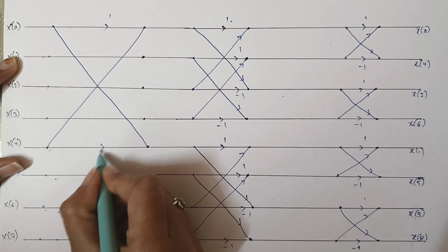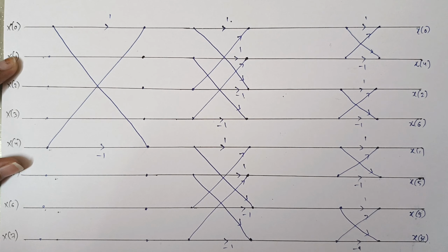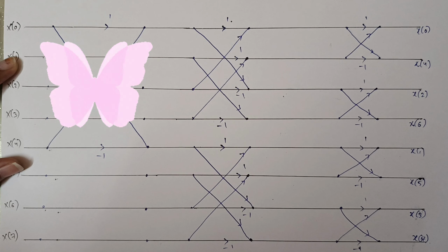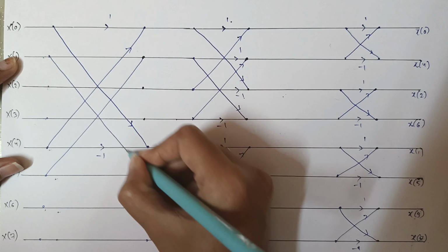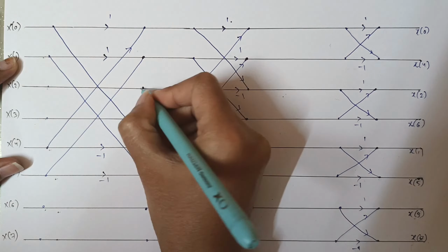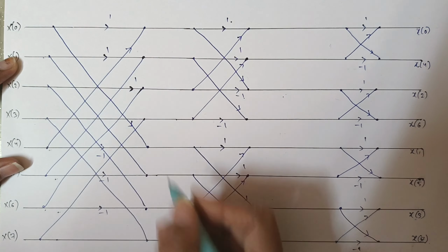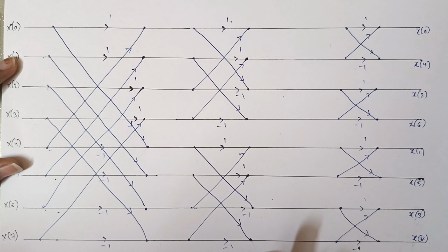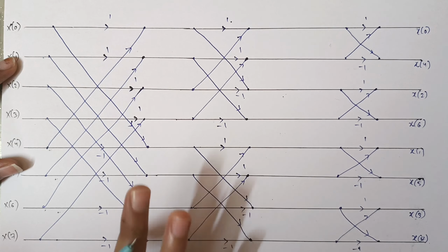This is the head and this is the tail of the butterfly, and the data flows like this. This is the giant butterfly. Over this butterfly we will overlap more butterflies. This is the head and this is the tail. I hope you have understood till this point.